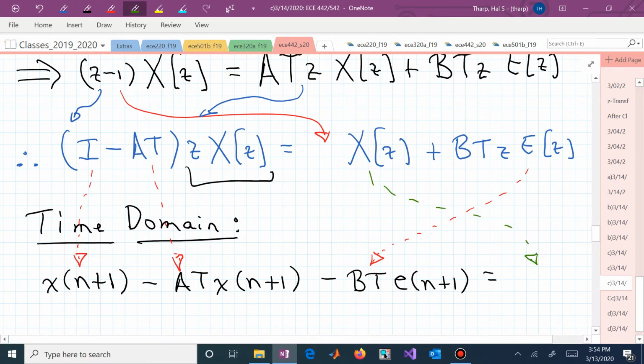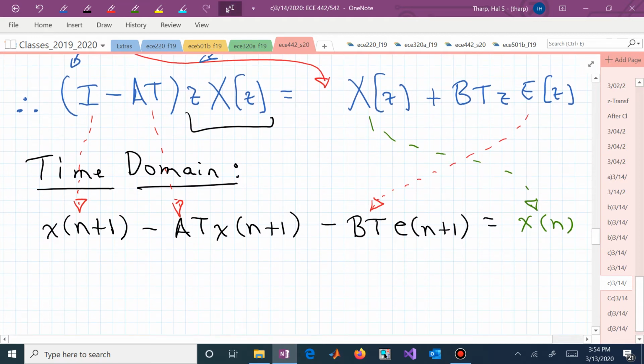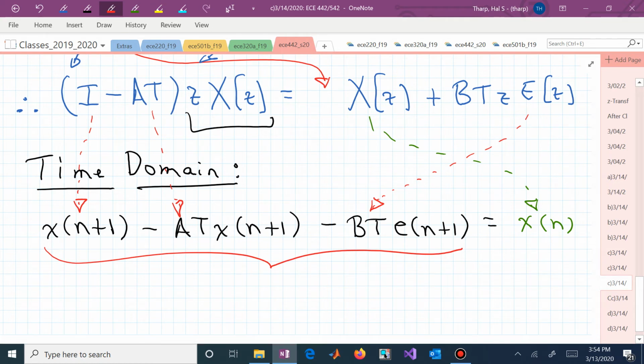That's the only term that's left, and inverse z transforming capital X of z just leaves us with x of n. This looks a little bit messy. We can clean it up, and an easy way to clean that up is to just define it to be a new vector, and the vector that we are going to use is now w of n plus 1.